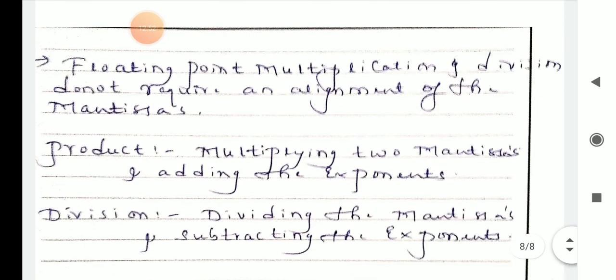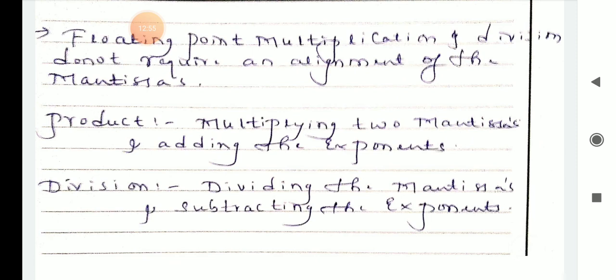Okay, so next point, multiplication. You know adding, you know subtracting. Floating point multiplication and division do not require an alignment of the mantissas. So if you want to perform multiplication and division, it does not require mantissa alignment. For the product, you multiply the two mantissas and add the exponents.